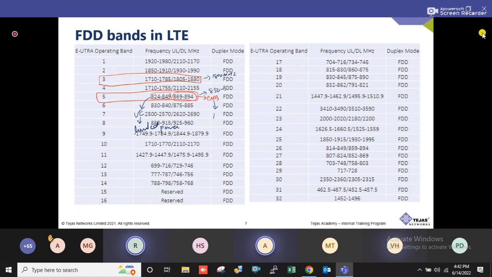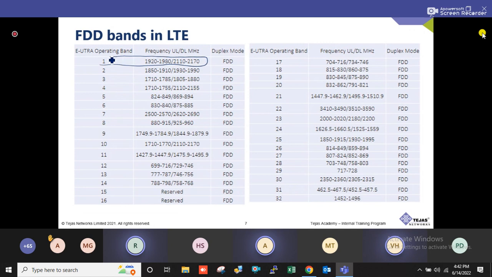One more thing we have to understand here is the duplex separation. As and when you increase the frequency, the duplex separation will also increase. Let's take an example. This particular band, which is called band 1, if I'm not wrong, is also used for 4G by BSNL. This particular band is called the 2100 band.